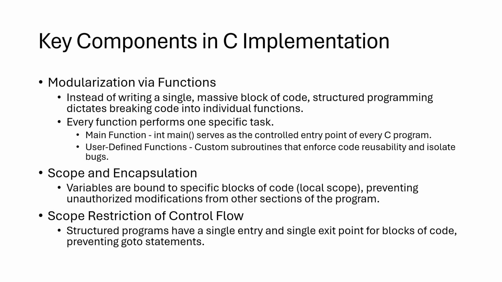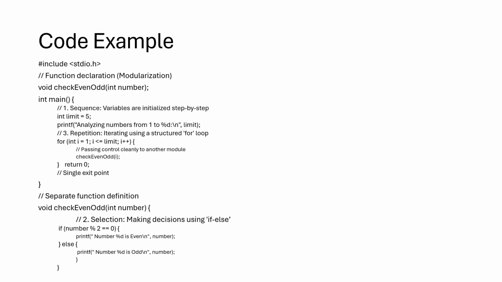And we have scope restriction of control flow, which means a single entry and a single exit for executing those blocks, avoiding the go-to statement. Here comes the example code, which illustrates the structure of a C program.